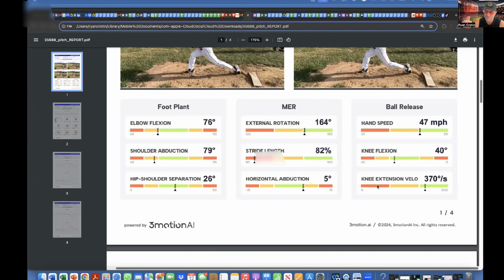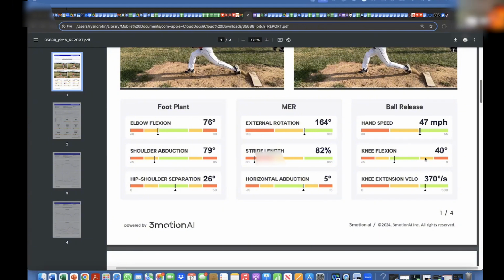Is it softening when he lands? But if we're starting to see that this is either not stiff enough or he starts flexing more at knee flexion, like let's say this goes to 50, we know that our guy here is starting to be more flexed overall.